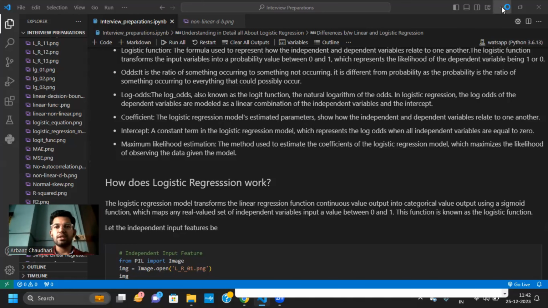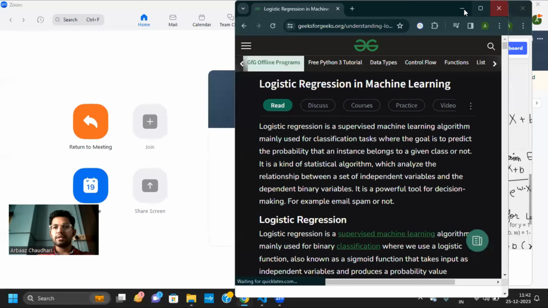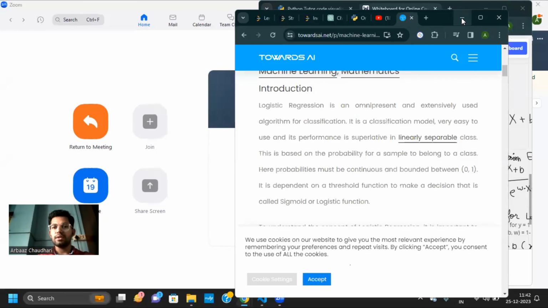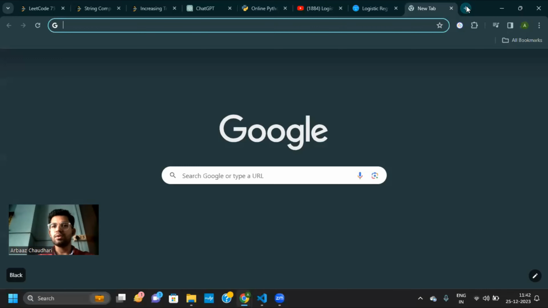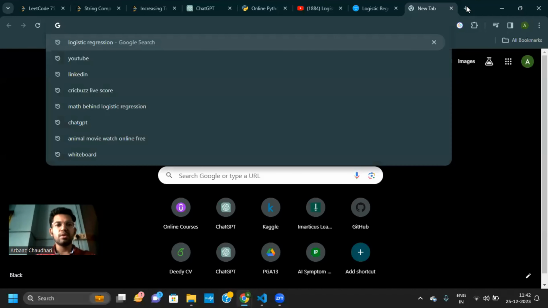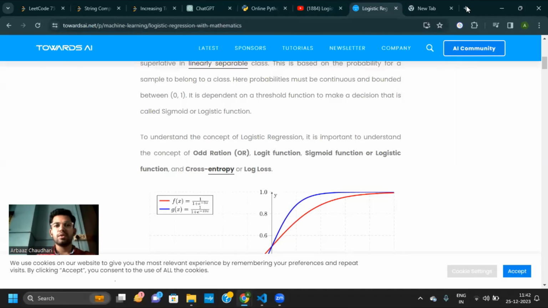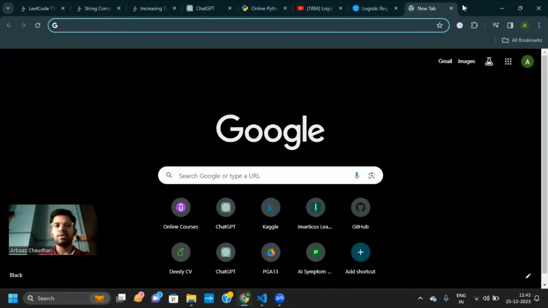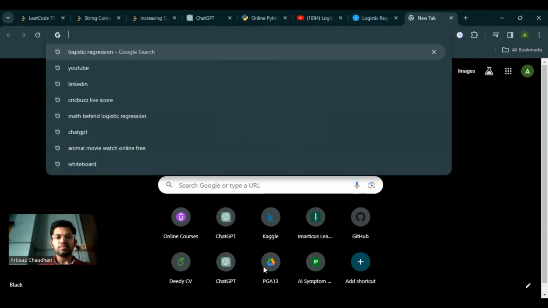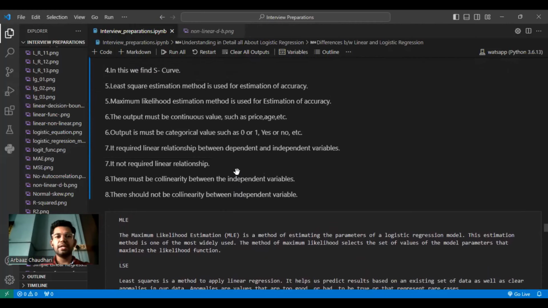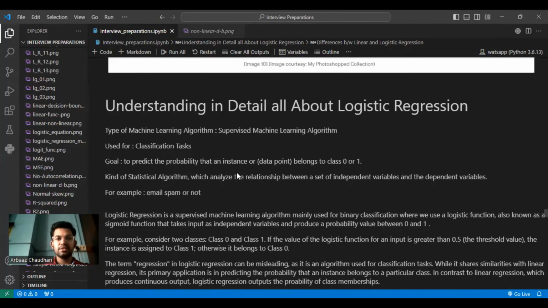Intercepts. We have seen intercept in the linear regression as well.